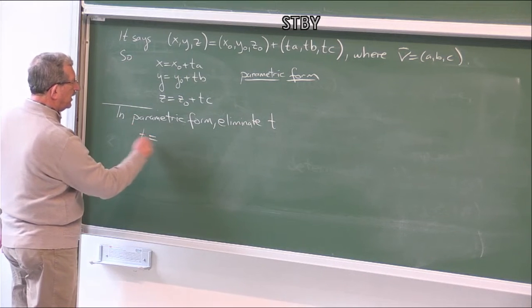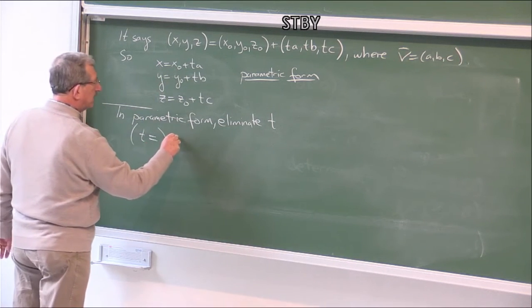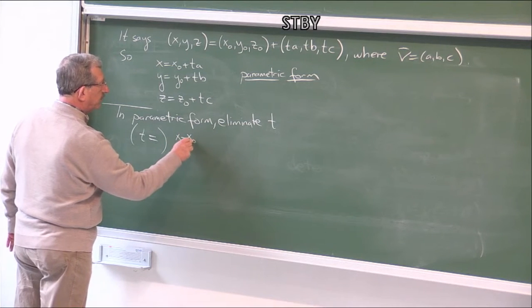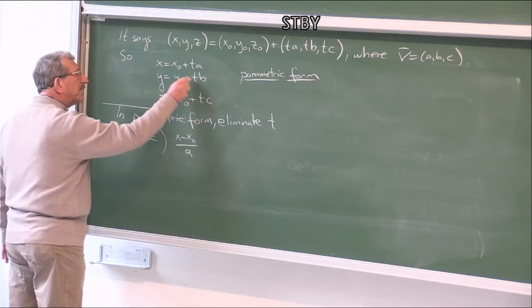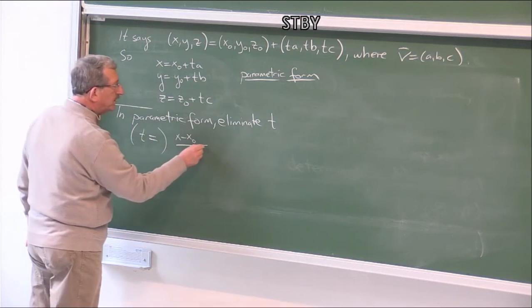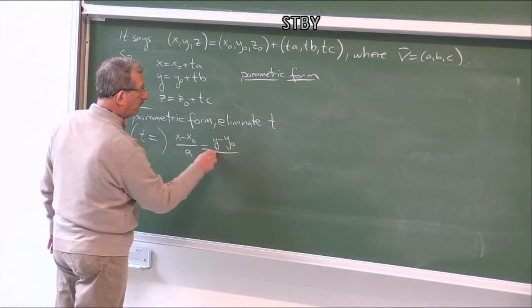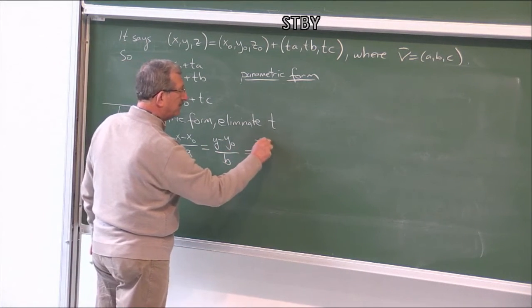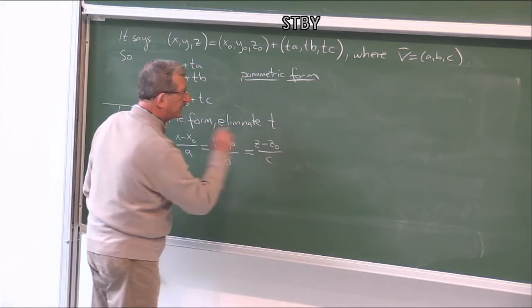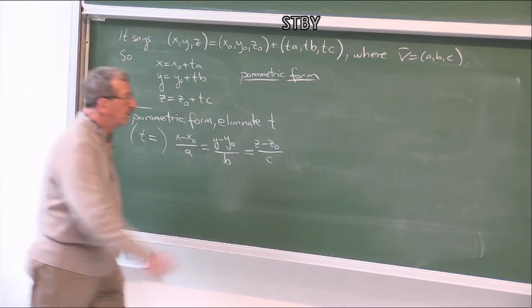Well, t is, let us write it from the first equation, it is x minus x0 divided by a. But at the same time, from the same equation, t is y minus y0 over b. And from the third equation, it is z minus z0 over c. This is called the symmetric form.